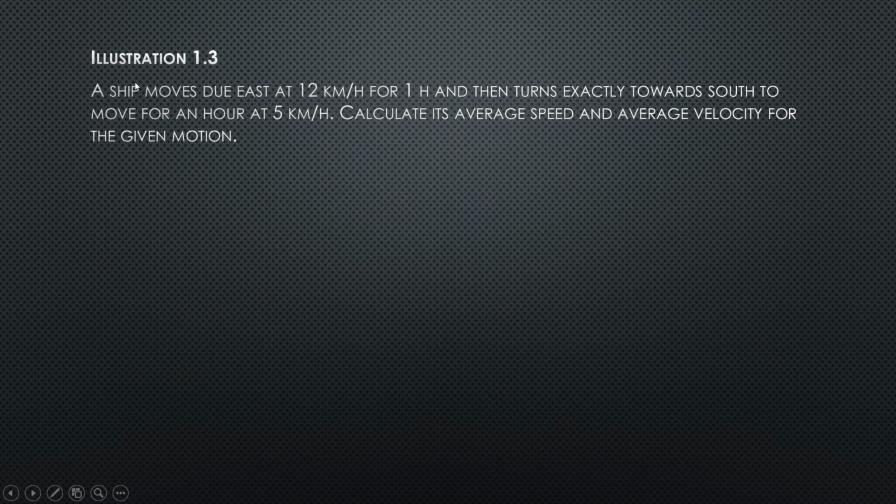Illustration 1.3: a ship moves due east at 12 kilometers per hour for 1 hour, and then turns exactly towards south to move for an hour at 5 kilometers per hour. Calculate its average speed and average velocity for the given motion.